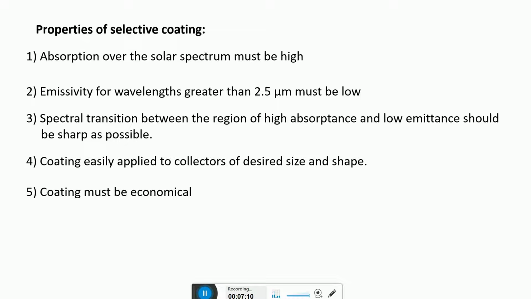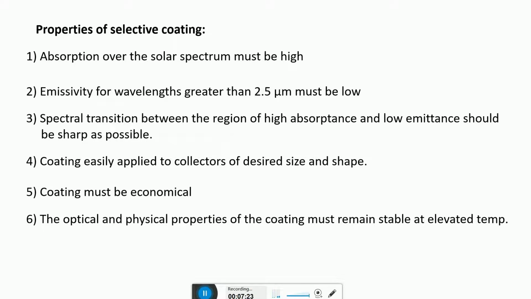Then the coating should be easily applied to collectors of desired size and shape. And finally, the coating must be economical. So these are the properties of selective coating.